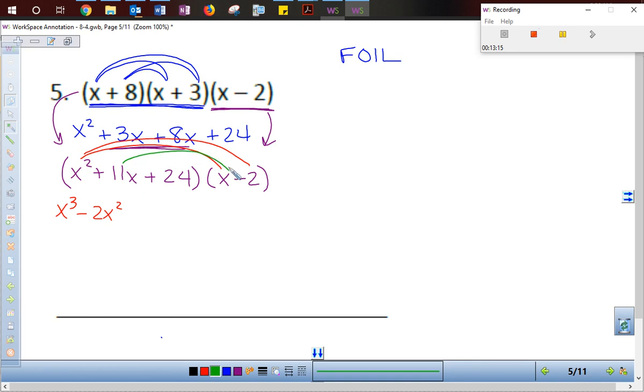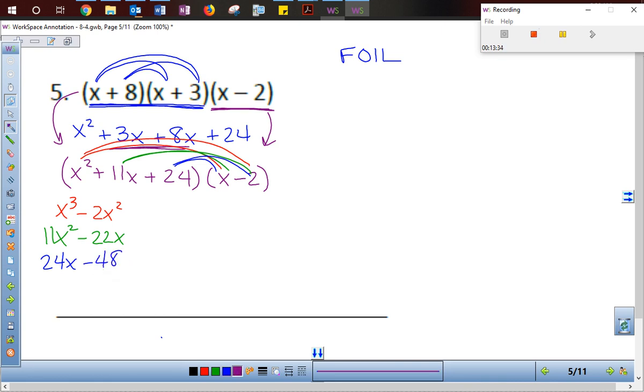Next, I have 11x times x, which gives me 11x squared, and 11x times negative 2, which gives me negative 22x. And then finally, I have 24 times x, which is 24x, and 24 times negative 2, which is negative 48.